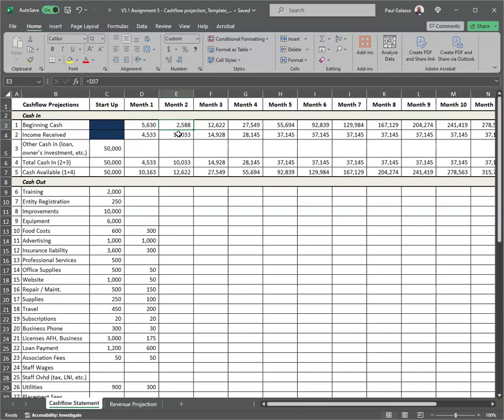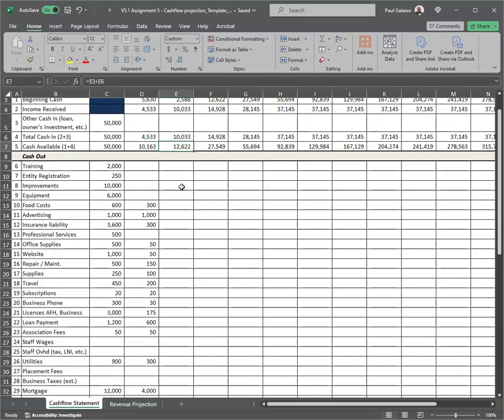All right. Now in month two, we bring on one additional resident. So our income is $10,033. We do not have any other cash in. So we have, again, our total cash in of only $10,033. We add that to the $2,588, leaving us $12,622. All right.